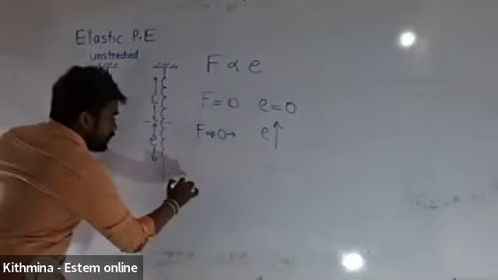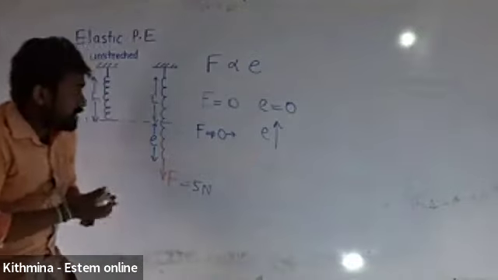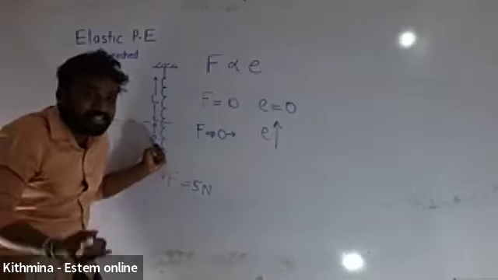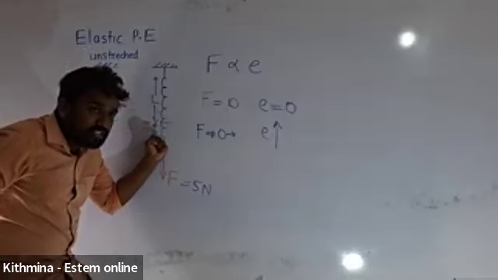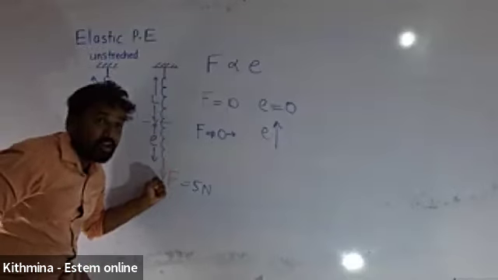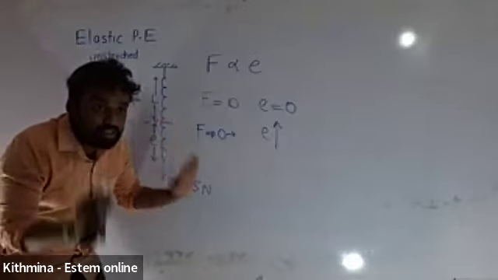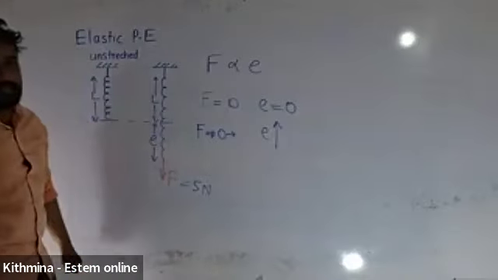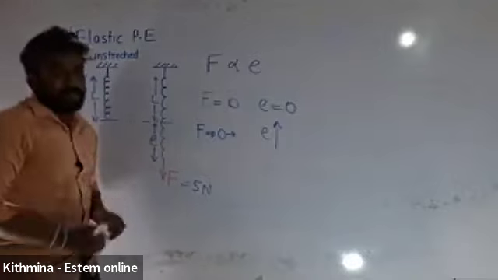Think, if this is 5 Newton, when we stretch this, the force is increasing 0, 1, 2, 3, 4, 5, like that. Force is not constant while we are doing this work.